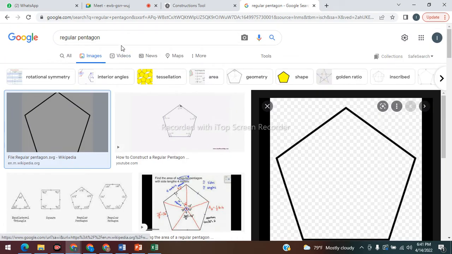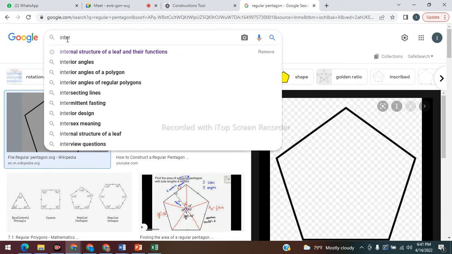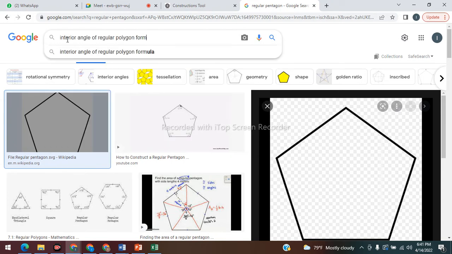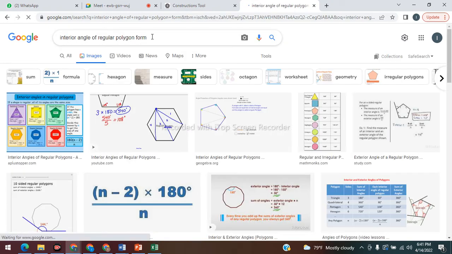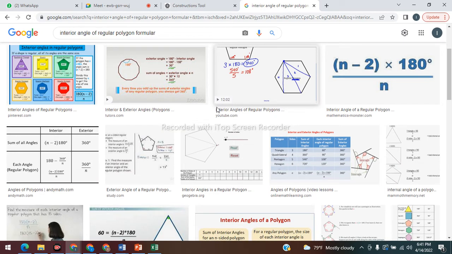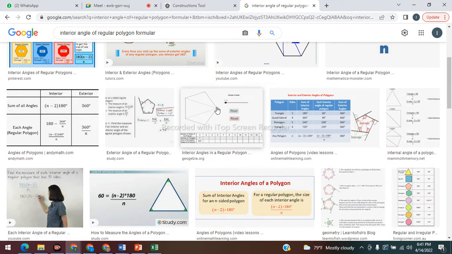All right. So, interior angle of a regular polygon formula. All right, exterior.